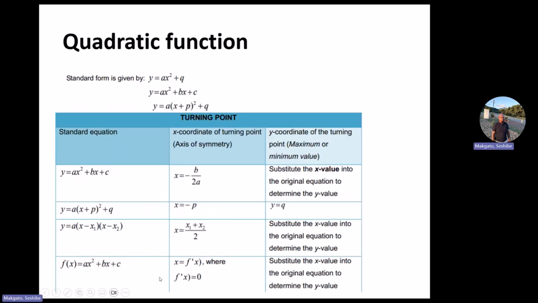Lastly, on these quadratic equations, what do the turning points mean? How do we determine the turning points? So the x will be equal to the function of x, where f of x is equal to 0. What it basically means is that you have to solve these quadratic equations so that you can find the values of x, where f of x equals 0.